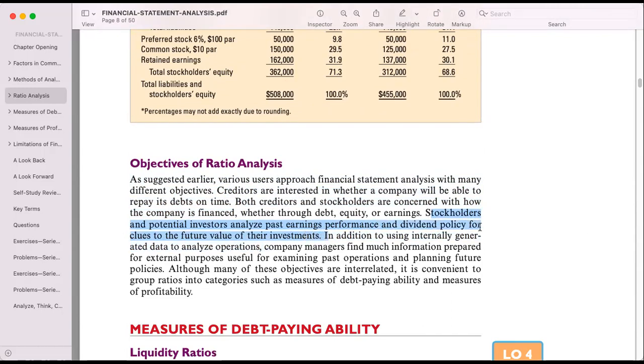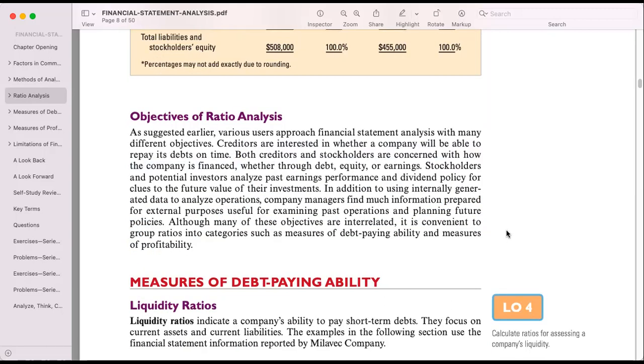So, in addition to using internally generated data to analyze operations, company managers find much information prepared for external purposes useful for examining past operations and planning future policies. So, although many of these objectives are interrelated, it is convenient to group ratios into categories such as measures of debt paying ability and measures of profitability.